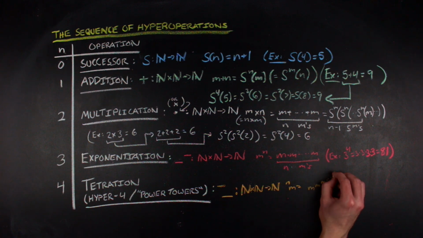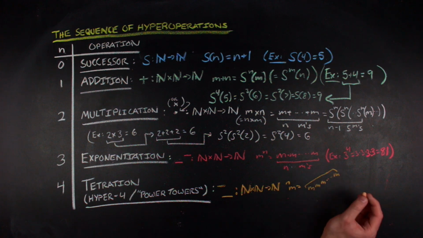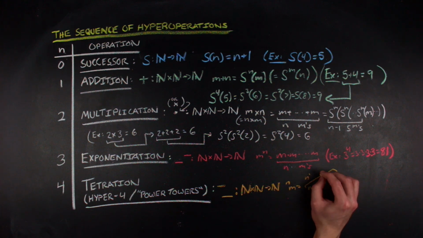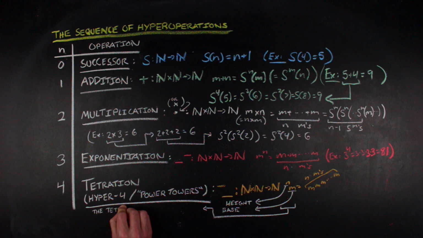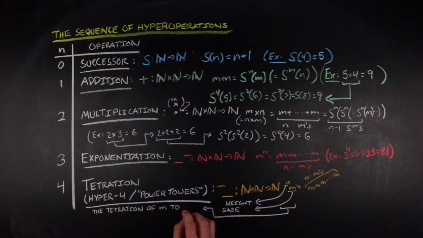So if we have this superscript n on m, then that's just equal to m to the m to the m, all the way up to the m, n times. And how I'll read this left superscript notation for the rest of this video is the tetration of, in this example, m to the height of n.